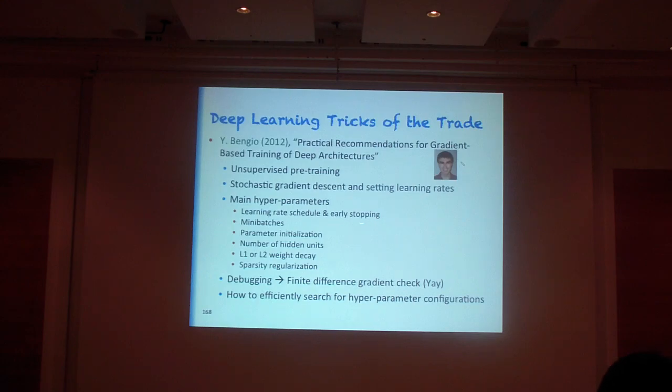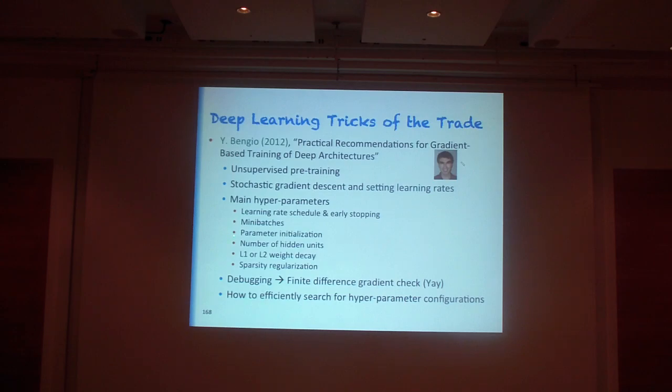There's the idea of early stopping, which is that you can decide on the fly when to stop training in a way that's also regularizing automatically. The idea of mini-batches, in other words, making changes after something like 10 or 100 examples rather than after each example, to take advantage of GPUs and multiple machines.